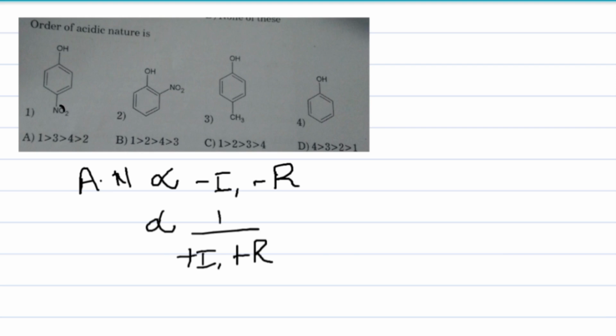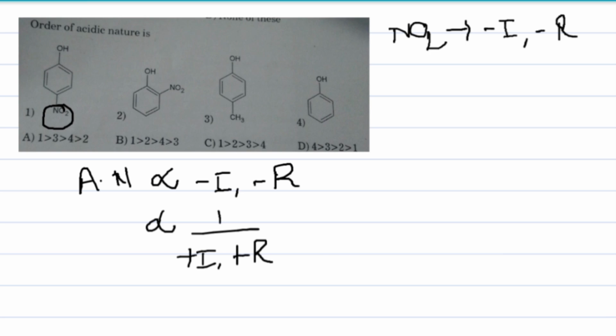Here an NO2 group is there. In NO2, nitrogen and oxygen have more electronegativity, so it is an electron-pulling group. NO2 is a -I group, and it is a -R group also. Why? Because it is also involved in resonance. So NO2 is a -I and -R group.